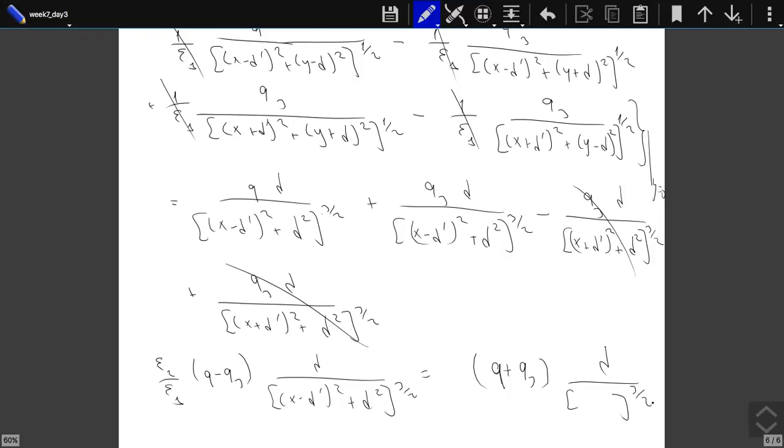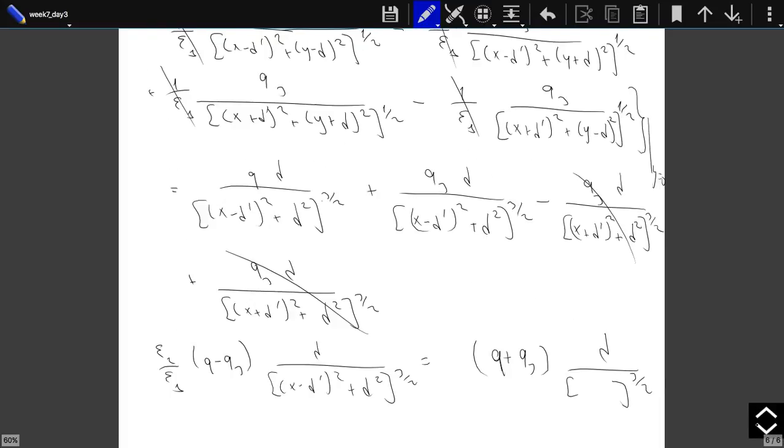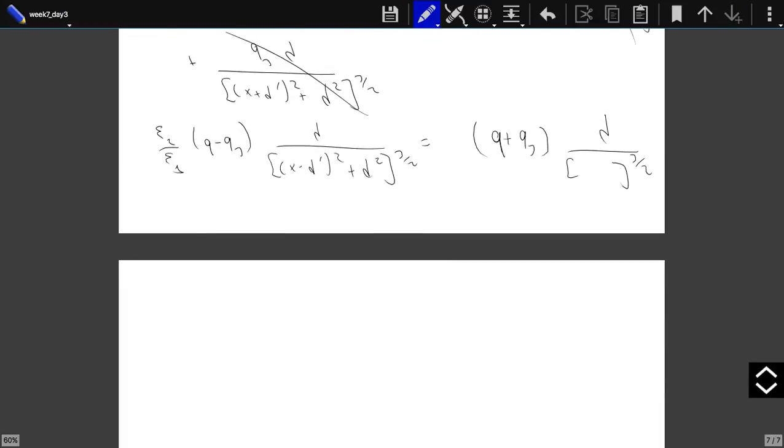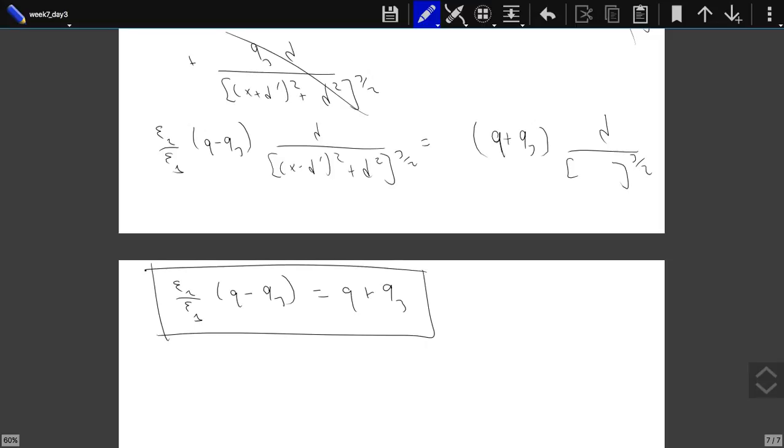So now we have our sixth equation: epsilon 2 over epsilon 1 times (q minus q3) should be equal to q plus q3. So q3 should be equal to (epsilon 2 minus epsilon 1) over (epsilon 2 plus epsilon 1) q.